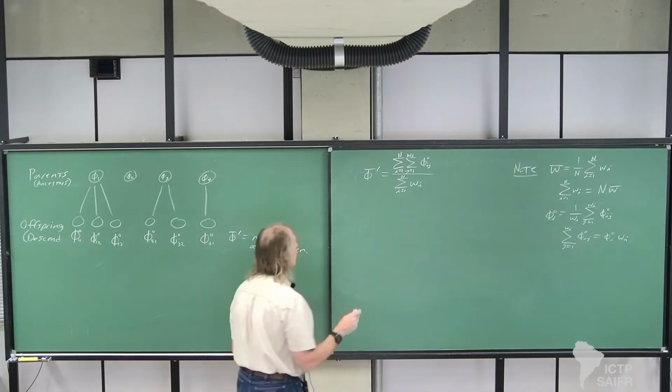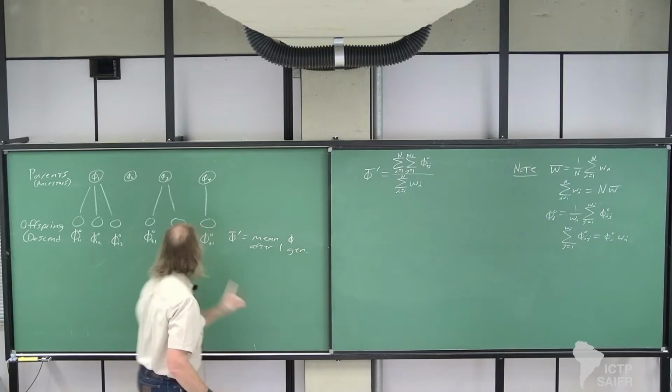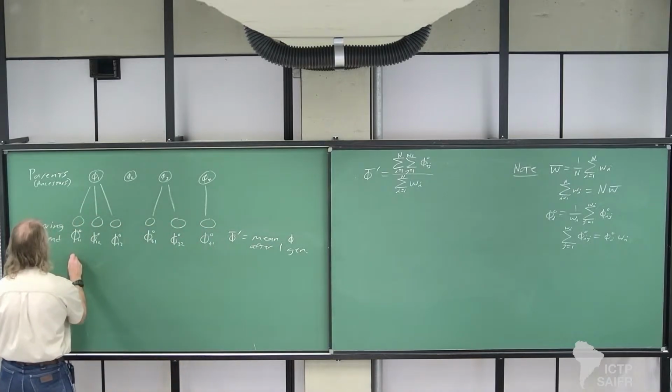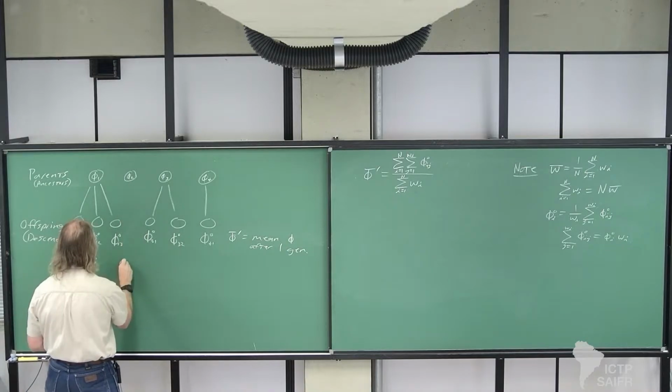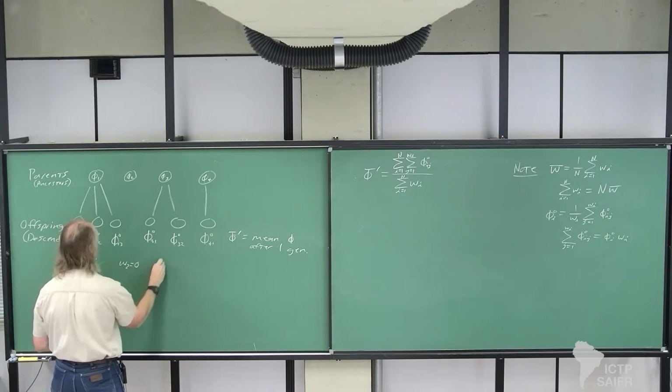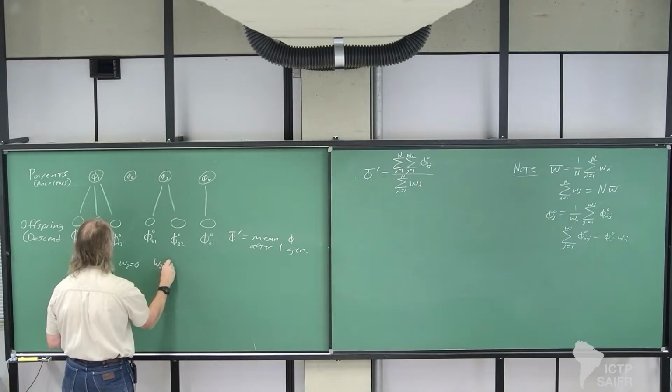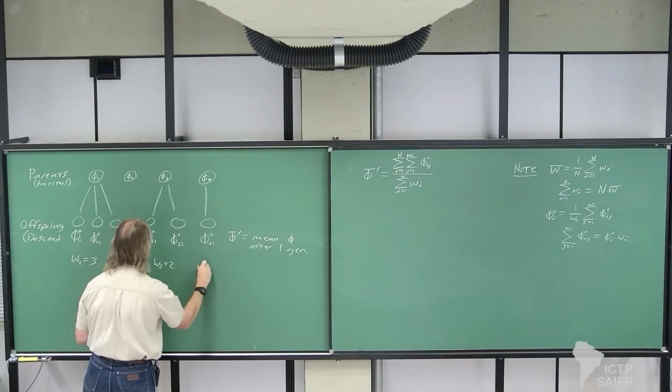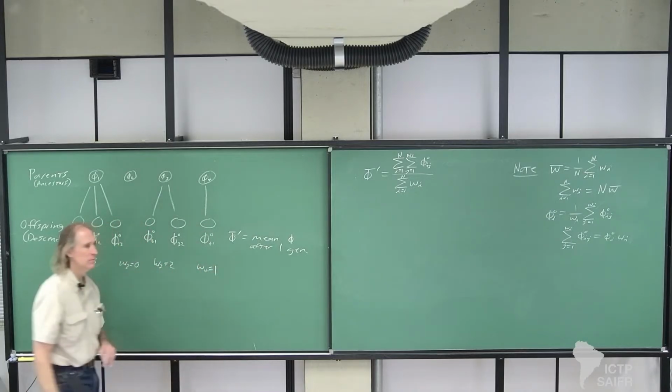Okay, so fitness of parents is number of offspring. So for this individual, W1 is 3, W2 is 0, W3 is 2, and W4 is 1. Okay, now I get it.